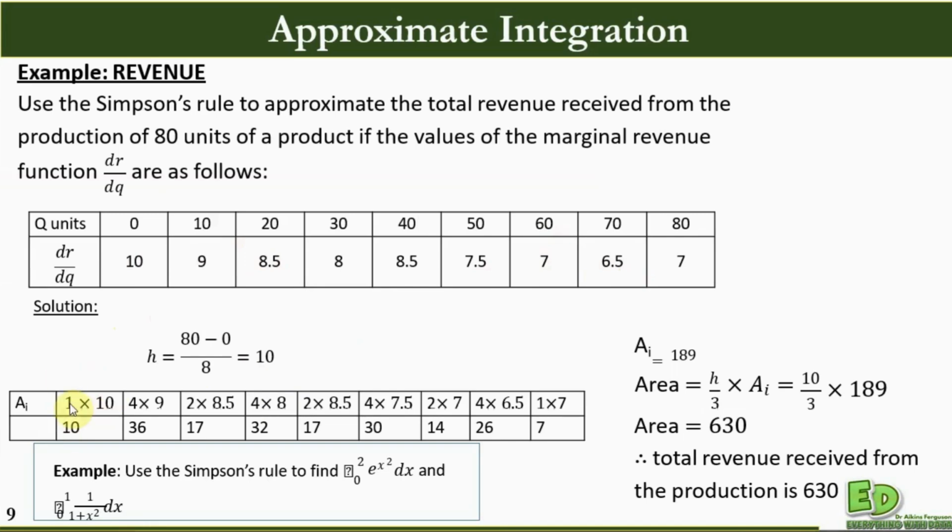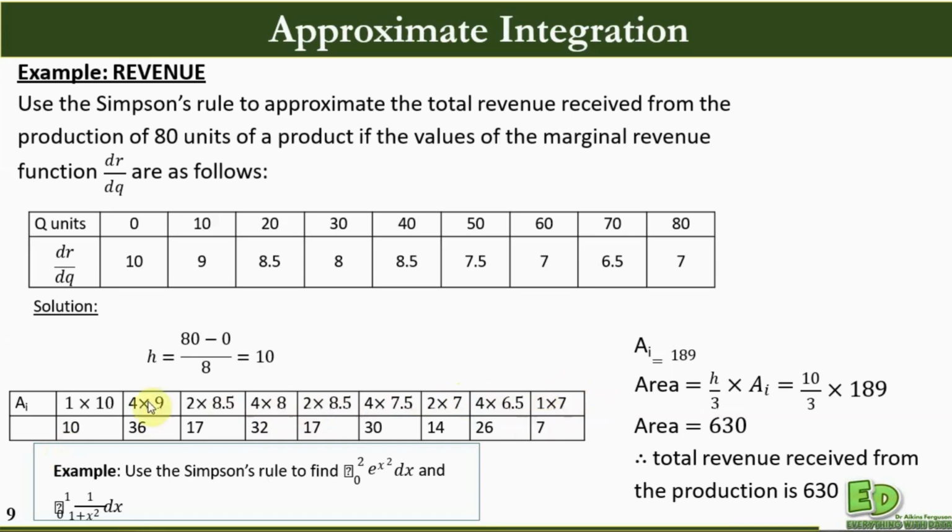The first coefficient is 1 by 10, 4 by 9, 2 by 8.5, 4 by 8, 2 by 8.5, 4 by 7.5, 2 by 7, 4 by 6.5, 1 by 7. You can see it is 1, 4, 2, 4, 2, 4, 2, 1. The first value, the starting point, by 1, the terms in the middle by 4, 2, 4, 2, 4, 2 each, and the final one by 1.